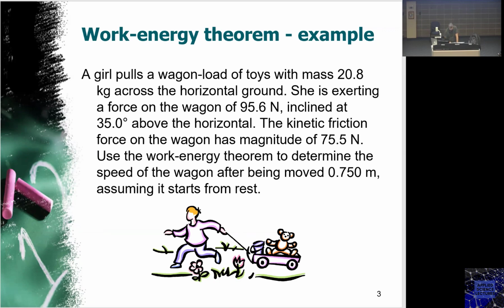Okay, so where shall we start from? Again, the free body diagram. We need to draw the free body diagram for this problem. Before I draw it, I have the mass 20.8 kilograms.